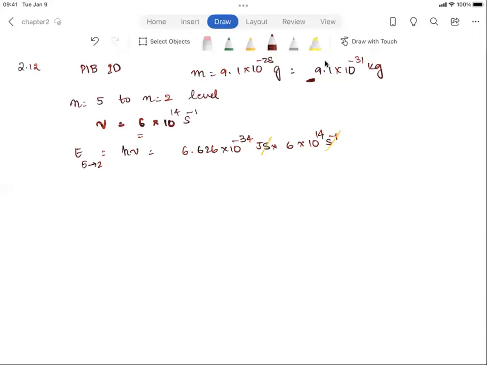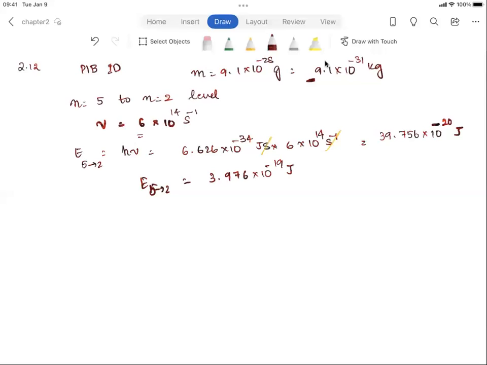This gets cancelled, and we can just multiply this. 6.626 times 6 is going to be 39.756 times 10 to the power negative 20 joule. Or I can write it as 3.976 times 10 to the negative, approximately 10 to the negative 19 joule.